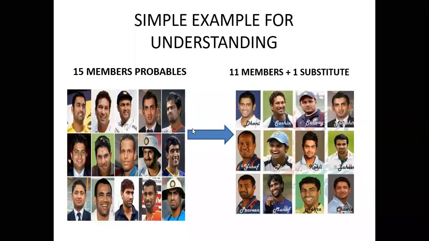This process is called offline selection. So that's why this one is nothing but unit commitment or pre-dispatch. And coming to the second one, for example, once the match is started, we already have 11 members and one substitute. So the final members present in your team are only 11 members now.